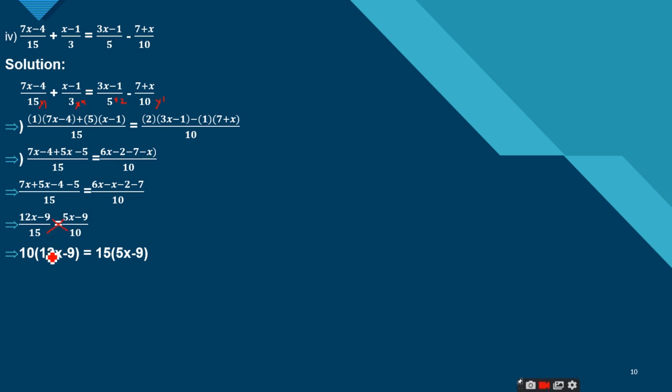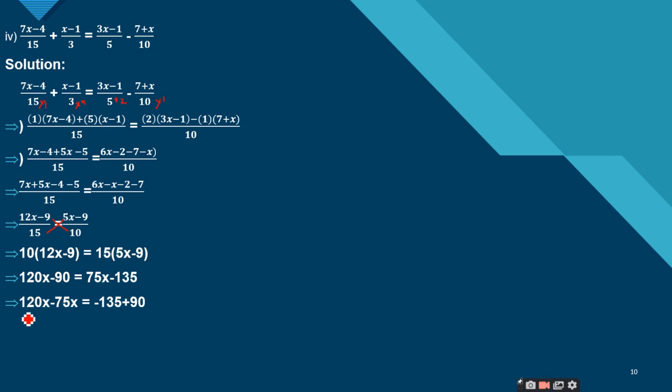We multiply 12x minus 9 by 10 and 5x minus 9 by 15. So 10 multiplied by 12 is 120x, minus 10 nines are 90, is equal to 15 multiplied by 5 is 75x, minus 15 nines are 135.